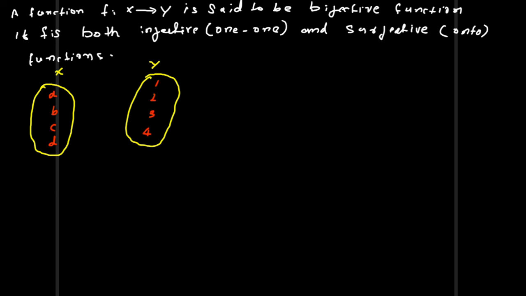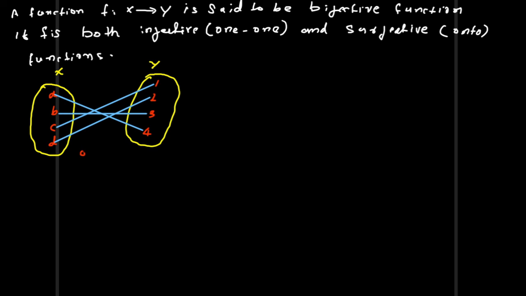Then for the mapping, the mapping of a we can take 4, then b is 3, then c is 1, then the image of d is 2. So here, listen, distinct elements of x have distinct images in y. Therefore each element has only one mapping. Therefore this one is an injective function.